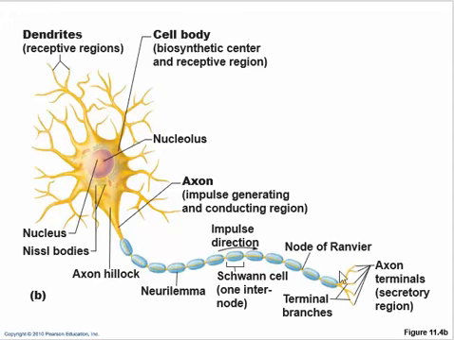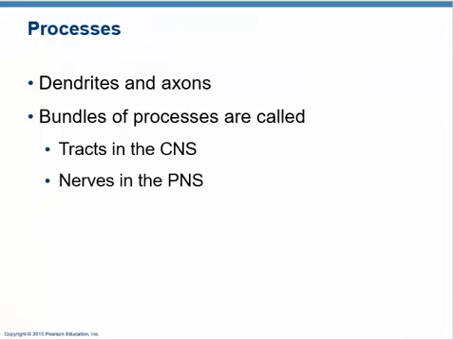So the impulse direction is this way. We'll talk about the nodes of Ranvier and how the Schwann cells work in a few moments. So the dendrites and axons.